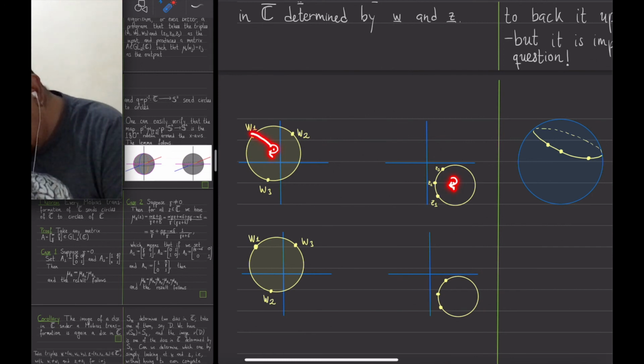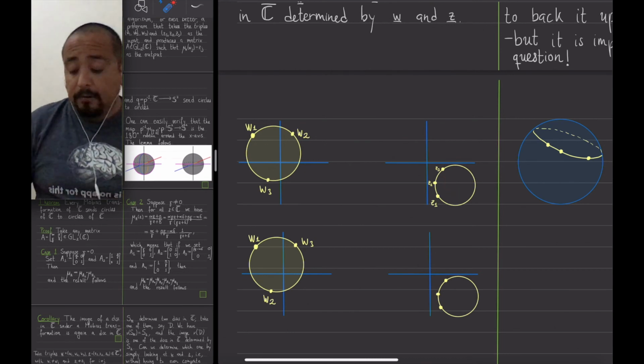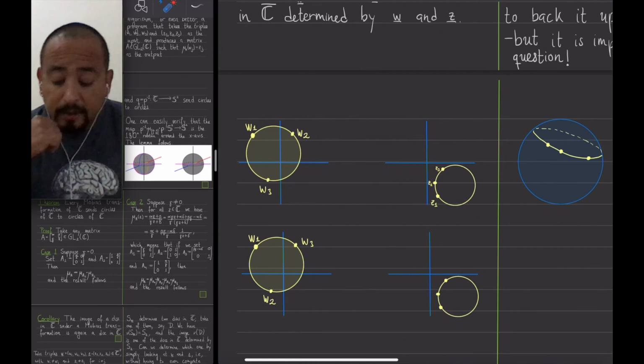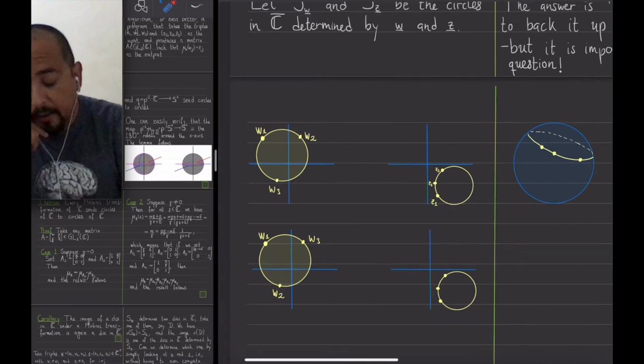But then when one connects this, one traverses the three points in order, and that order has to be the same in both of them. So in the end, it really comes down to the fact that Möbius transformations are orientation preserving.